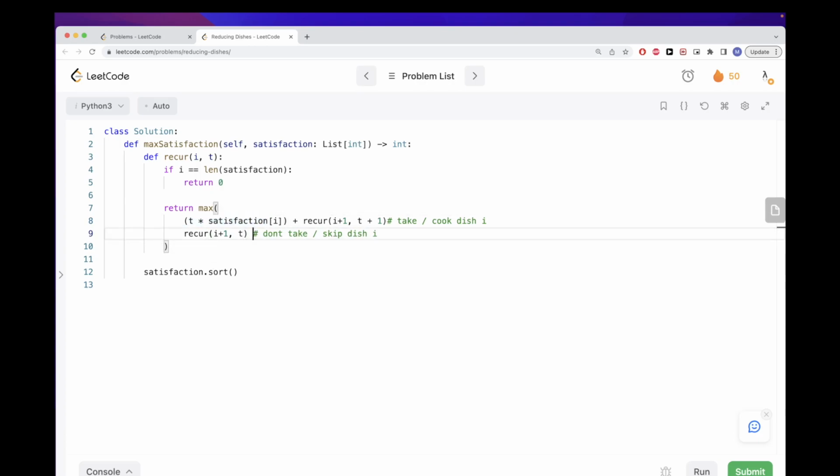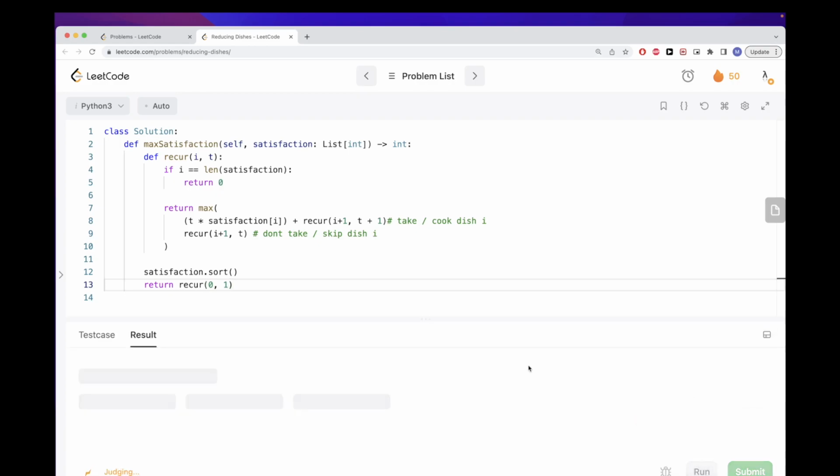And then we return this, and we start our recursion from the first dish, and time starts out as 1. That's the idea here.